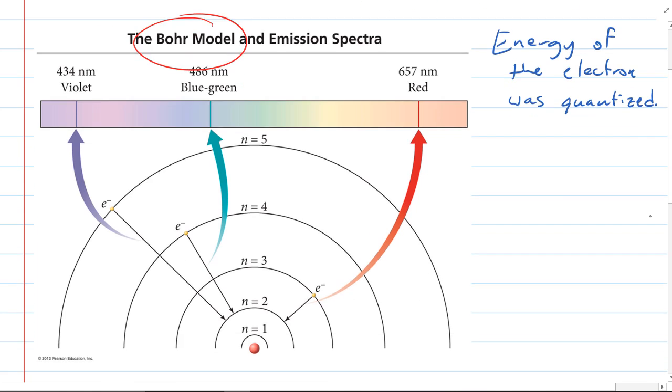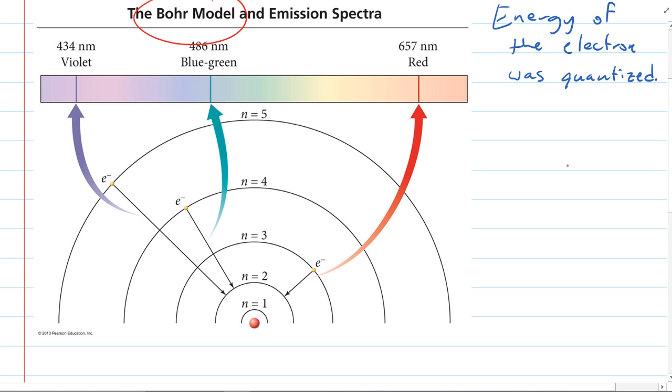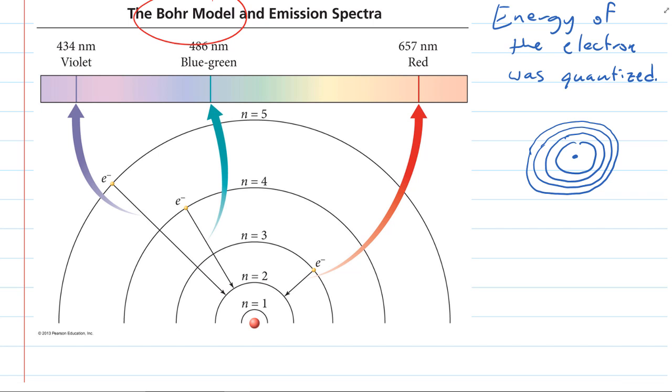The way Bohr envisioned the electrons in an atom was something like this, where this would be the nucleus, and the electrons circled the nucleus, kind of like the planets orbit the sun. So the electrons could be thought of as being somewhere in these orbits.